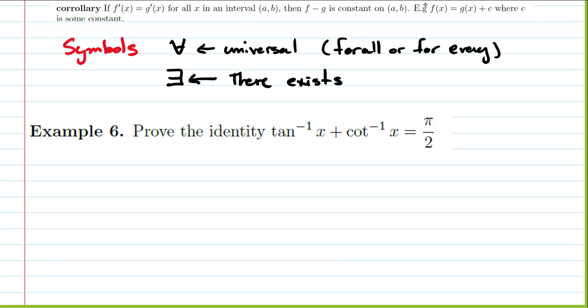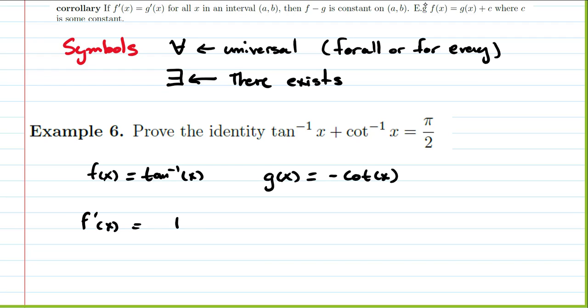So in this case, if we identify f of x as inverse tangent of x, and we identify g of x, I'm going to write it as the negative cotangent of x, and we'll see why in a second. Then f prime of x, the derivative of the inverse tangent, is 1 over x squared plus 1.